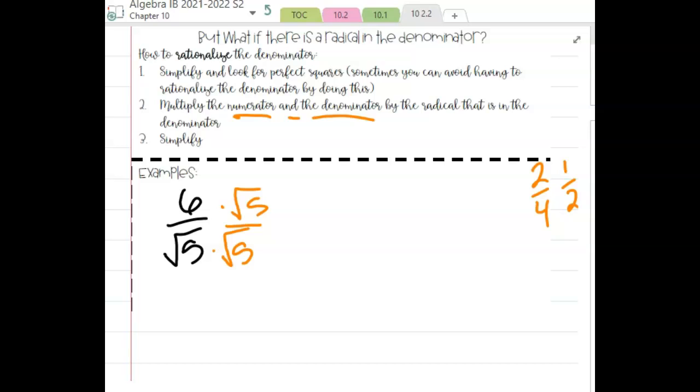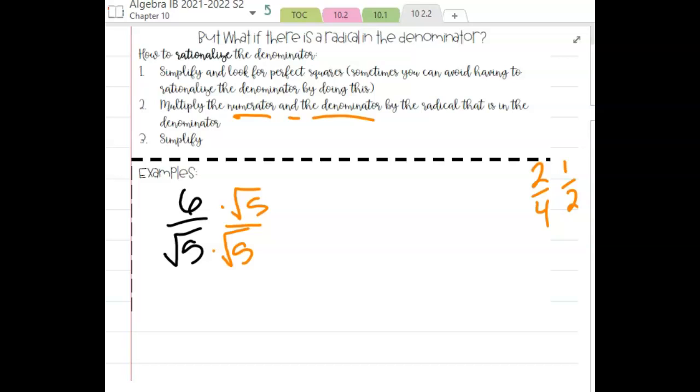It's also 1, right? Because 5 over 5 is 1. 10 over 10 is 1. 1,000 over 1,000 is 1. The square root of 5 over the square root of 5, it's just 1. So what I'm doing here is I'm multiplying by 1. And when I multiply by 1, it doesn't change the number. Okay? So that's why you have to multiply the numerator and the denominator.